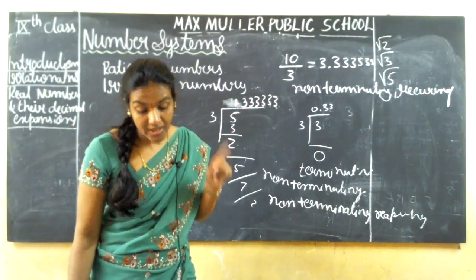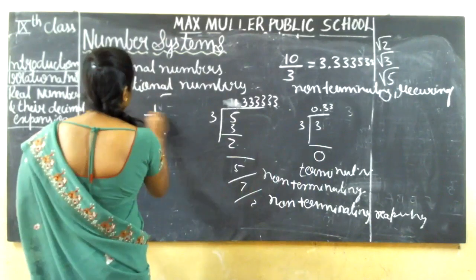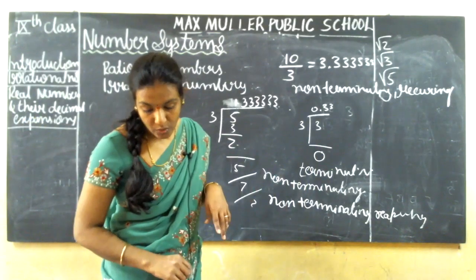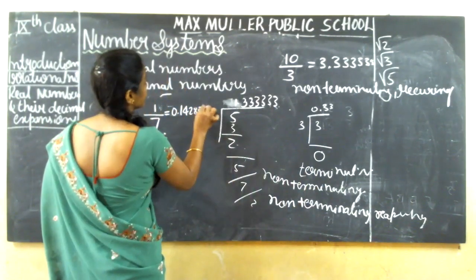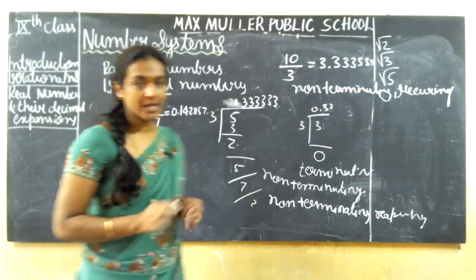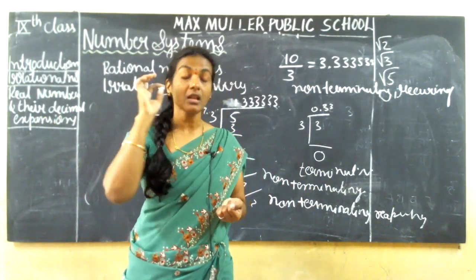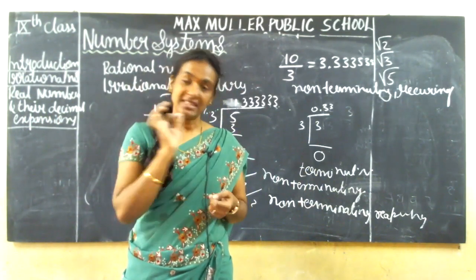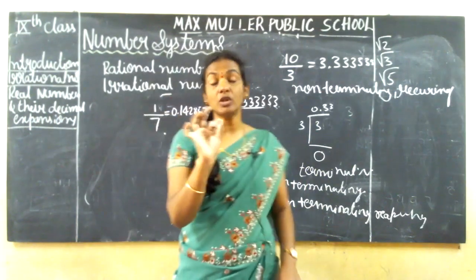Another example I solved is 1 by 7. One more example I solved in the last class. The answer for 1 by 7 is 0.142857 and so on. What happens here, guys? In the remainder place, you are not getting the 0. So it won't come under terminating.